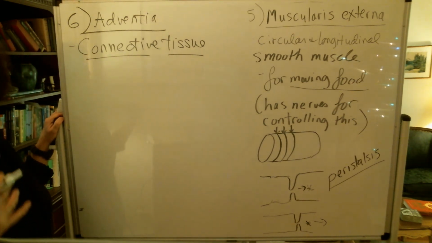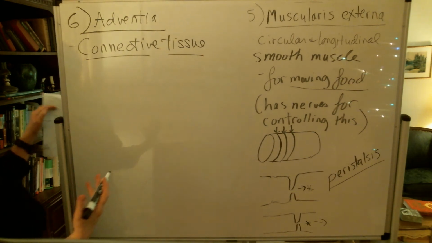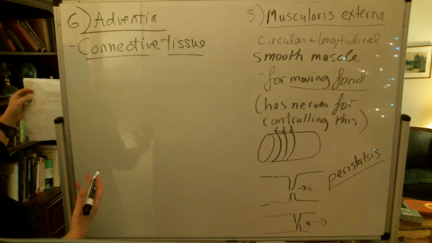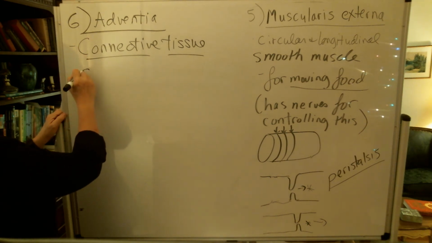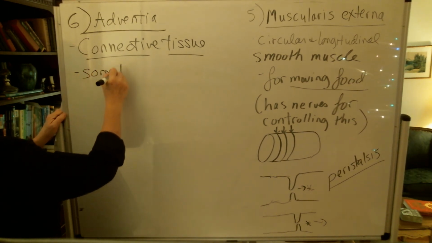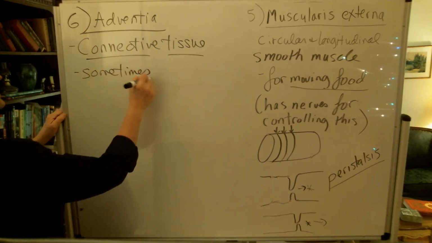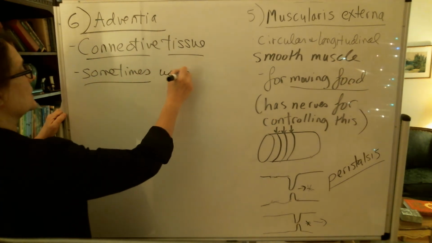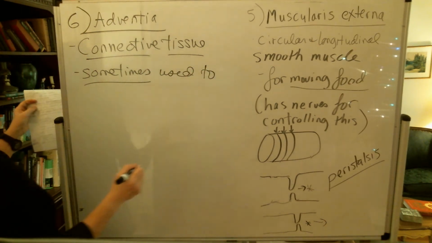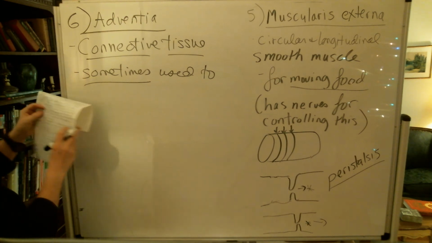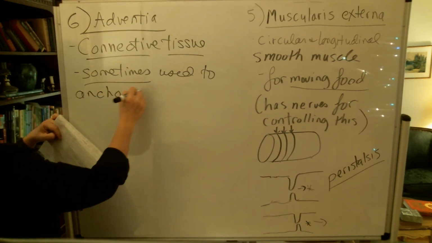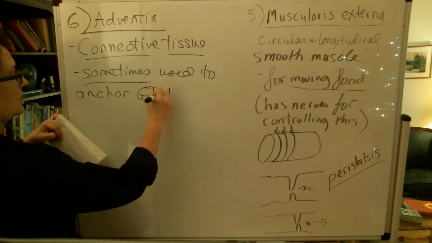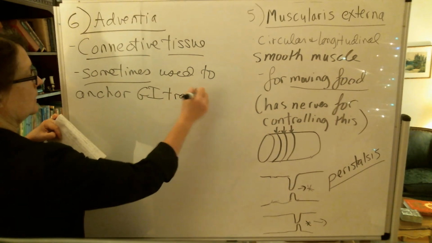So things are nearly always held together in some way or another by connective tissue. So in this case, the adventitia is also sometimes used to simply anchor the GI tract.